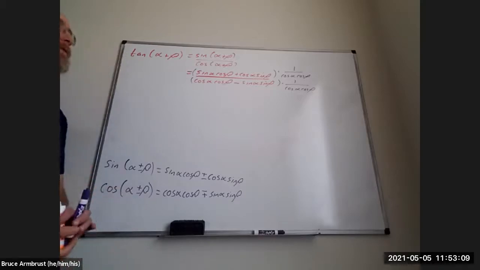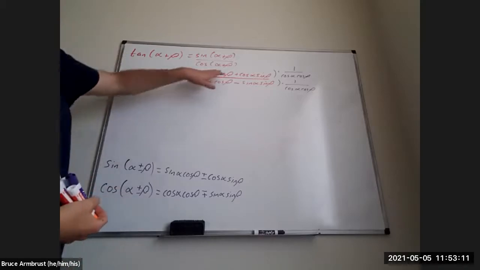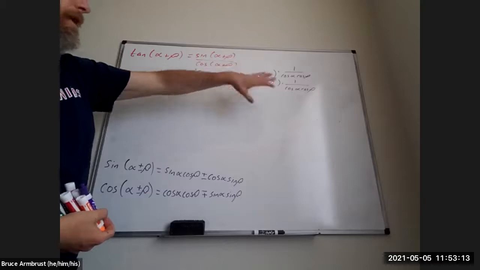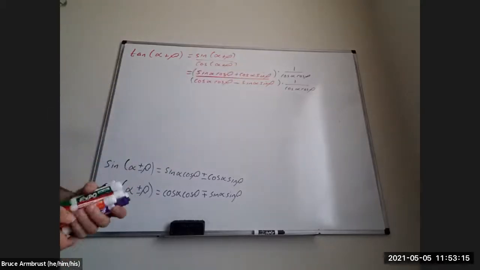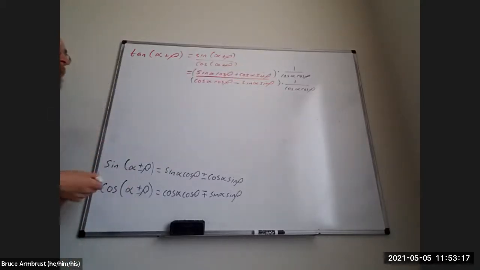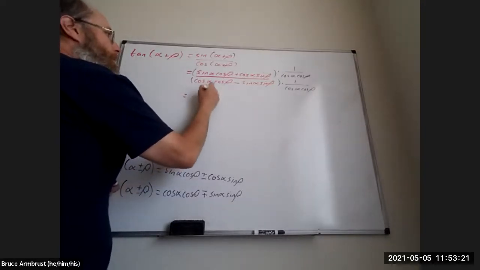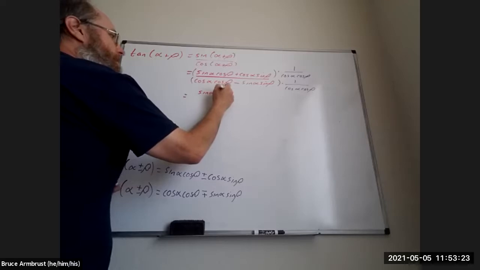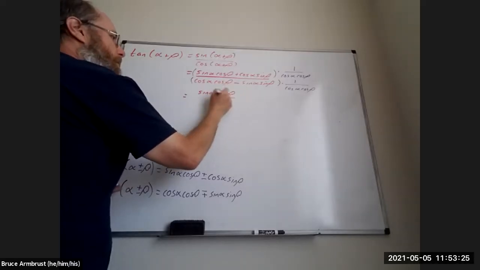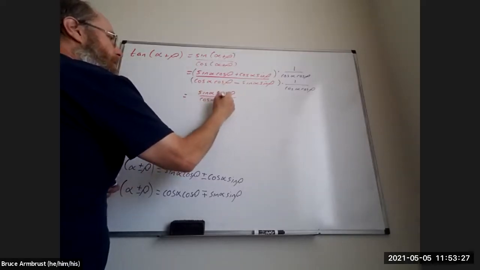So in essence, what we're doing is we're dividing each of these 4 pieces by cosine alpha and cosine beta. So I'm going to write it out so that you can see what is going to happen here. We're going to get sine alpha cosine beta over cosine alpha cosine beta.